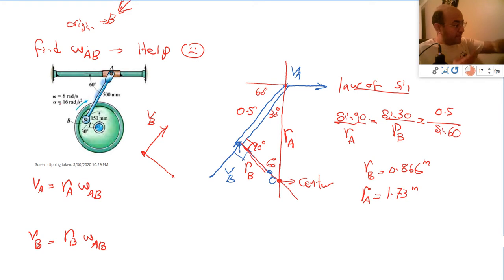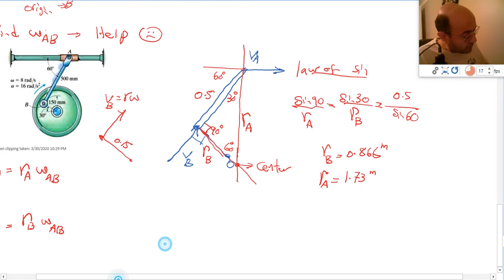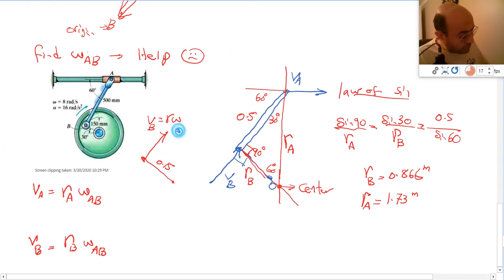I'm sorry for drinking water. So this distance is 0.15. VB will be equal to R omega, which is 0.15 times 8, and that's going to give me VB as 0.15 times 8.